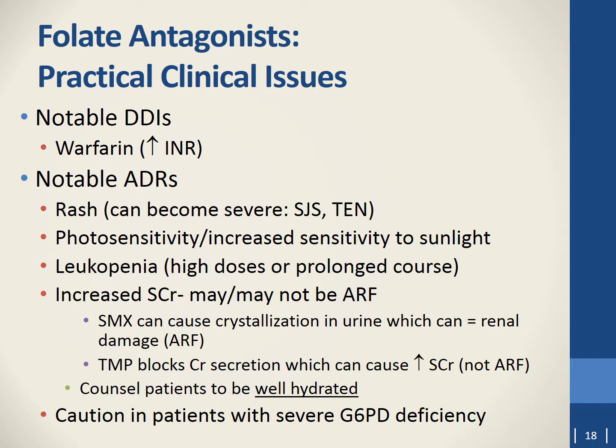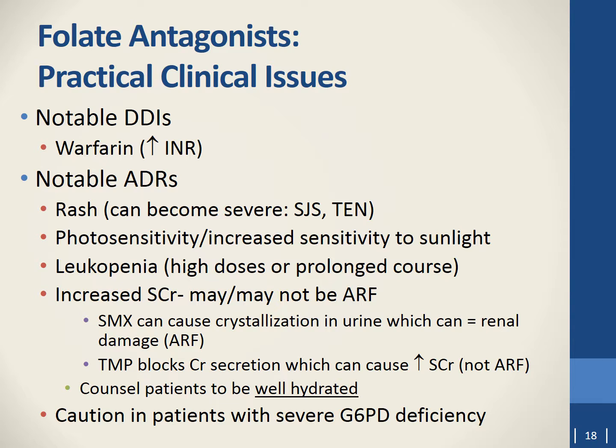Again, this class can cause patients to experience photosensitivity or increased sensitivity to sunlight, making them more prone to sunburn. Higher doses or prolonged courses are actually associated with leukopenia. So if you do have someone who is either baseline leukopenic or if you are anticipating a long course, checking a weekly CBC would make sense.